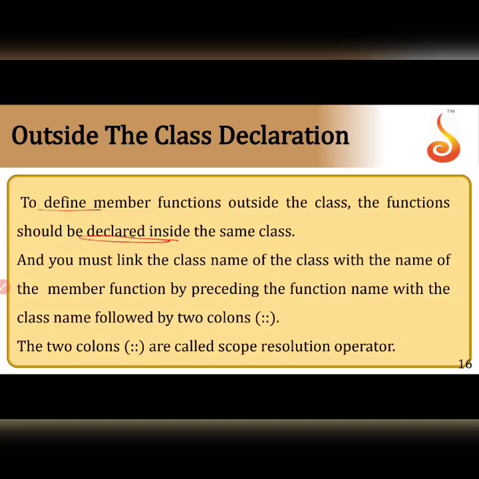Declaration is: what would be the return type and what is the name of the function, and if you are passing any arguments. For example, I want to return an integer value from a function called sum, and I will pass 3 integer values to it. So how will I write the function declaration? The return type is int, name of the function is sum, and I will pass 3 integer values to it.